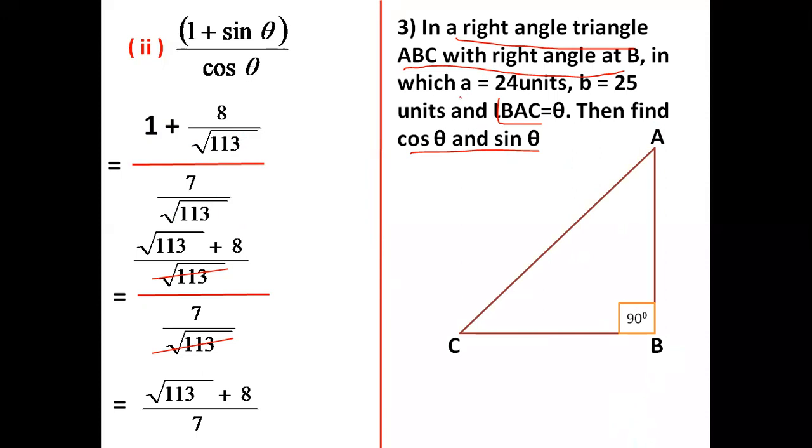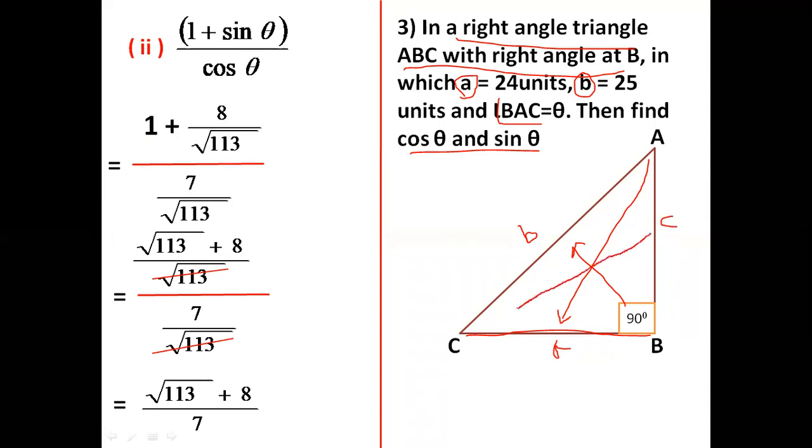What is small a, what is small b? Here generally we take this side as small a, the length of the side opposite to the angle A. The side opposite to the angle B, you represent as small b, and the side length you take as small c is opposite to the angle C. So generally we take like this.